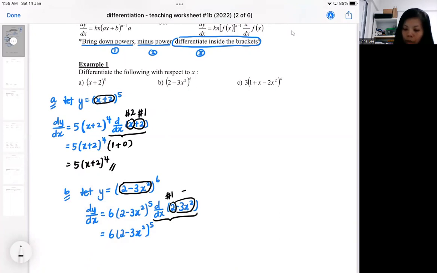And you will use rule number 2 to differentiate minus 3x squared. By now, you should be able to tell that differentiating minus 3x squared is just minus 6x. So the third step is just 0 minus 6x. We organize them a little bit, so this algebra is multiplied by 6. That will be my dy/dx.